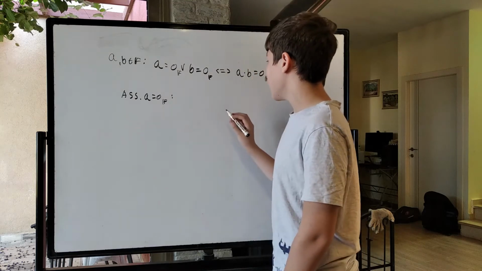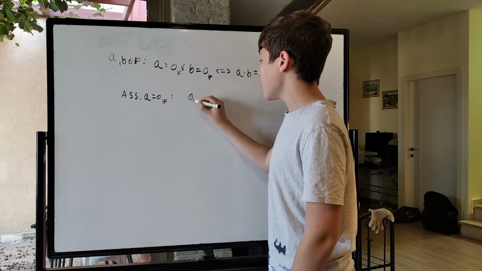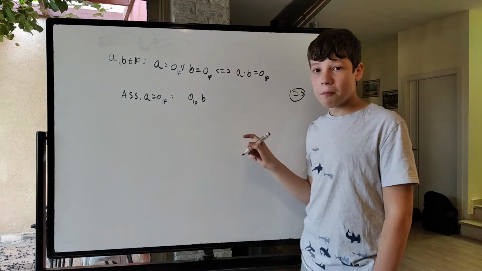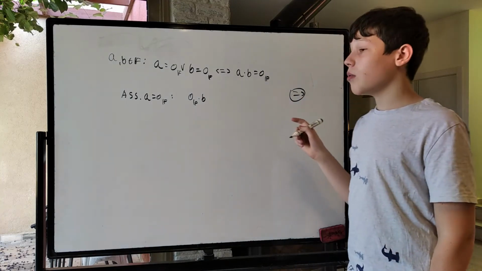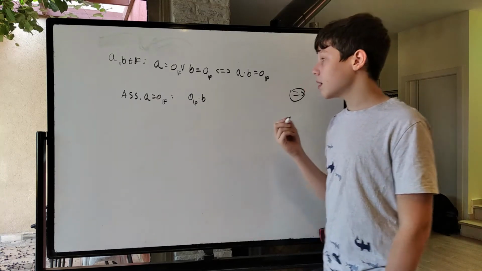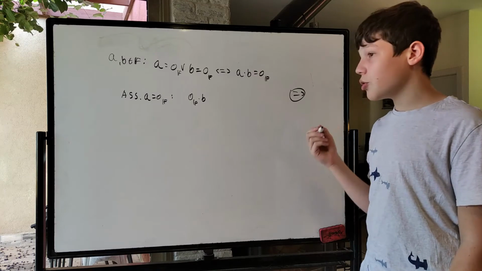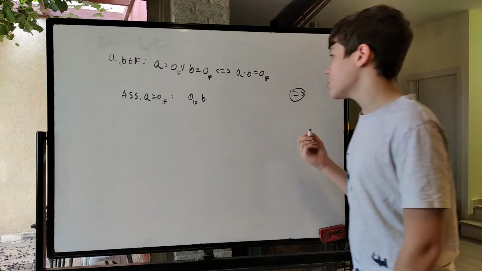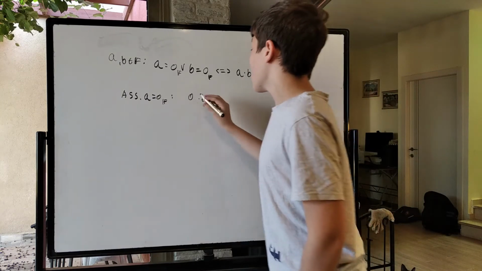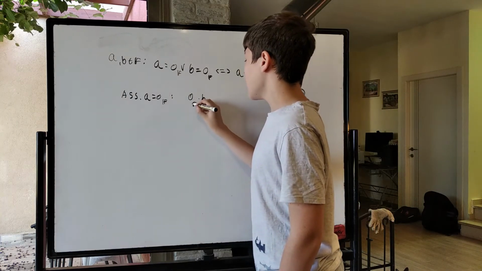So let's begin. So we have 0 times B. What do we do with this? Well, 0, the only thing we know about it is that it's the additive identity. So we'll try to use it to prove this.